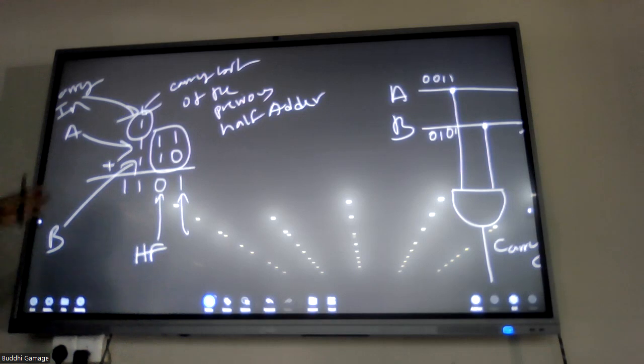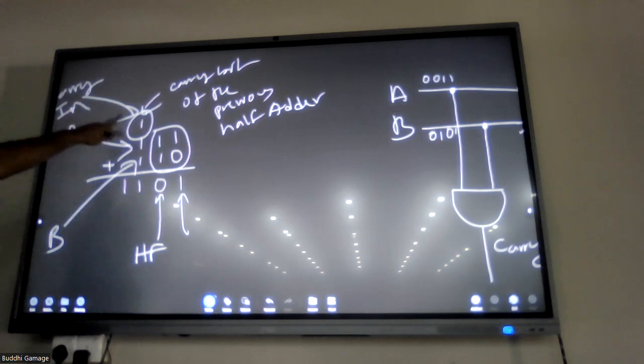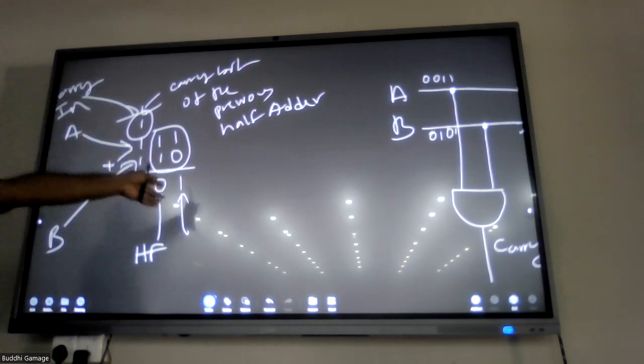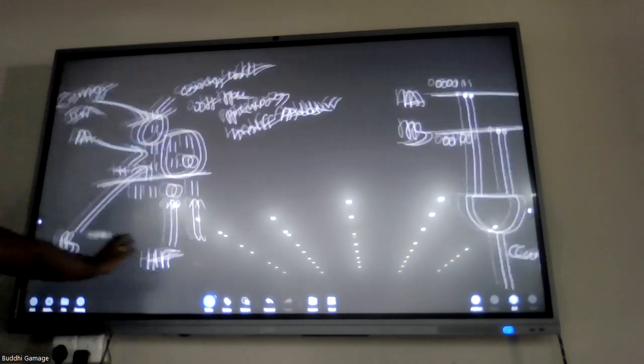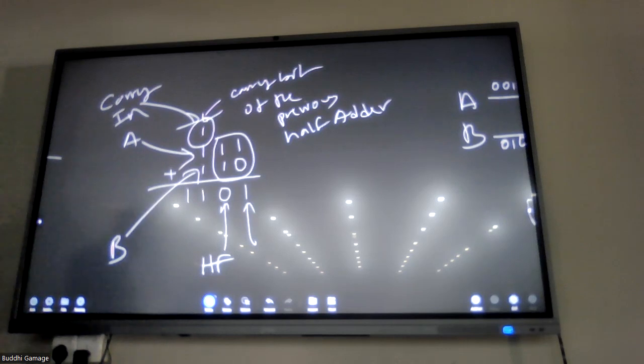For that part, we identify there are 3 inputs. The first input will be the carry forward from the previous output, right? So they say it is carry.